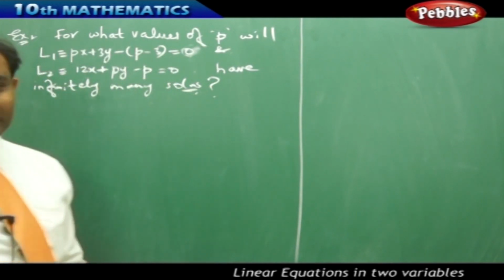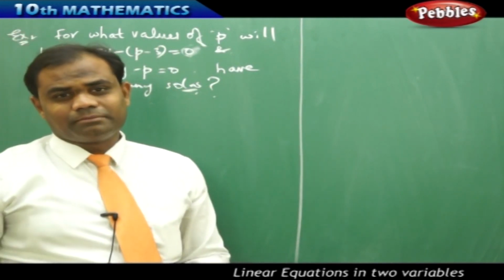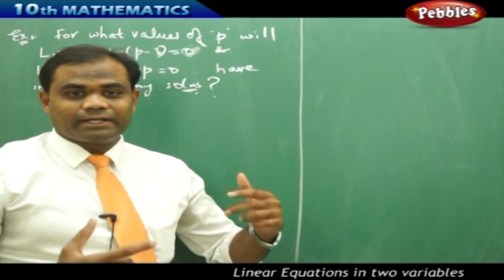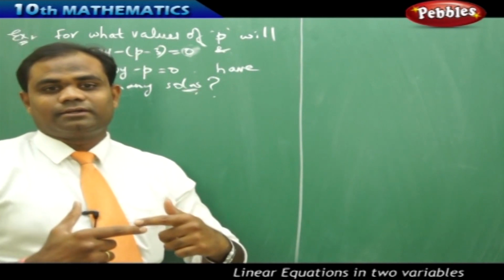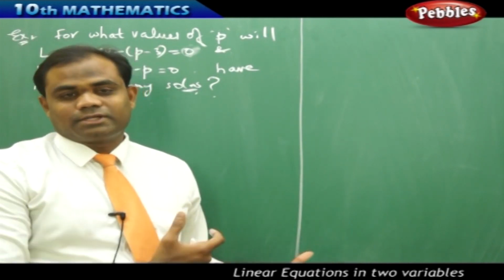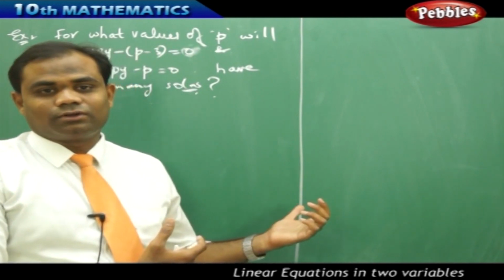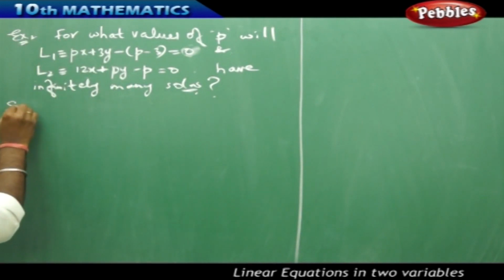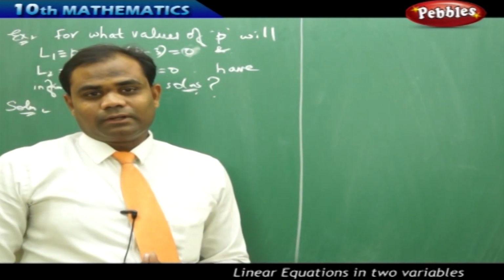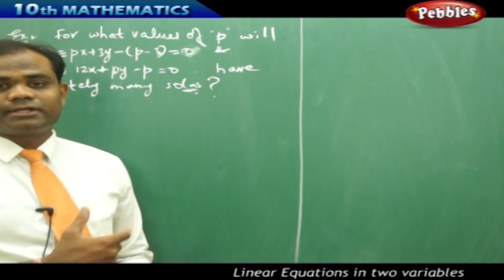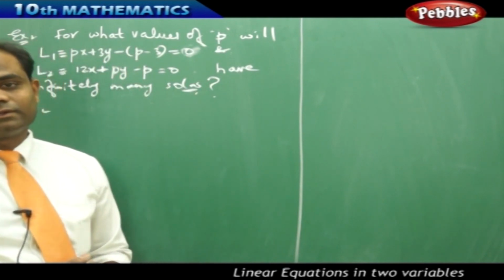Now, as we have seen with case 3, this comes clearly under case 3 because if we need to have infinitely many solutions, then the two lines L1 and L2 need to coincide, passing one over the other, which is case 3 of the session which we have recently discussed on the nature of solutions. Now let me identify A1, B1, C1 and A2, B2, C2 for each of the lines L1 and L2 and use the respective formula for case 3.